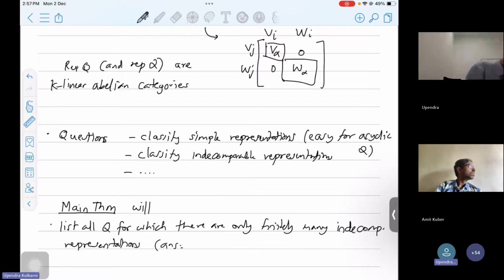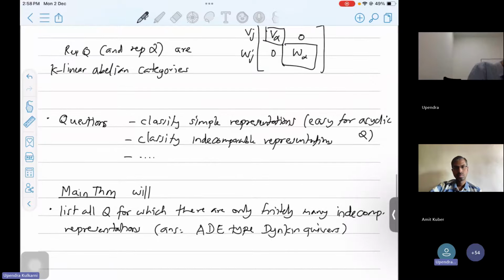And the answer is these are ADE type Dynkin quivers. The details are not important, but there is already something amazing happening here.